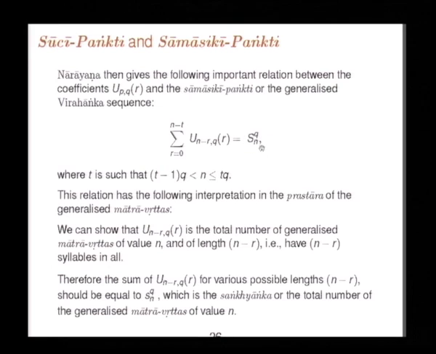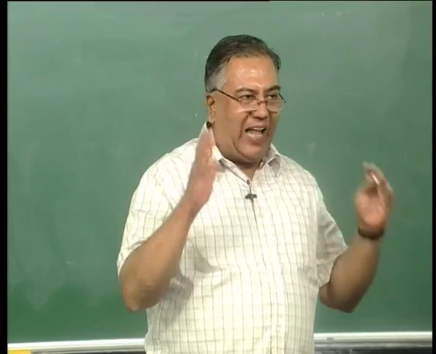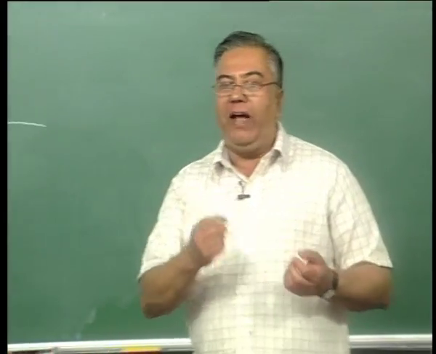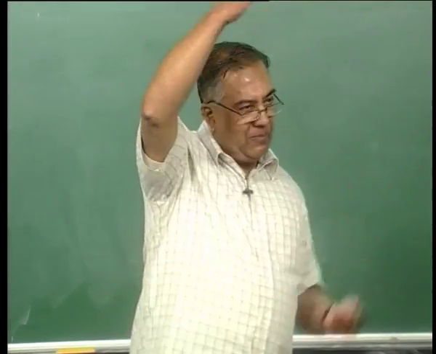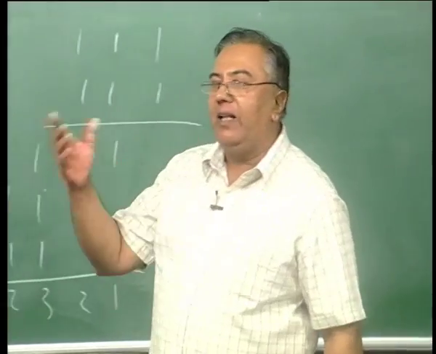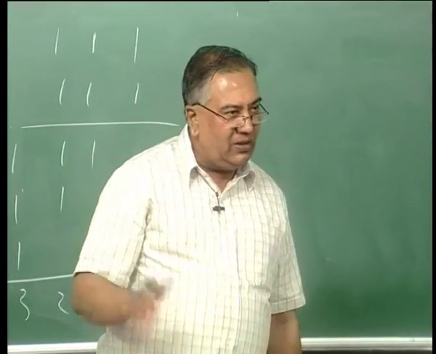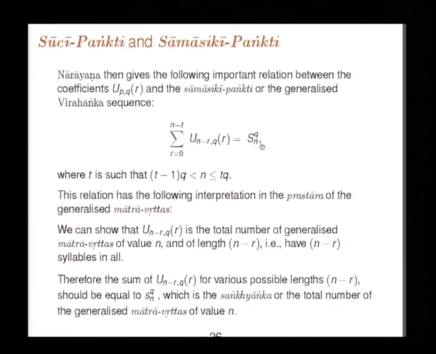S_n(q), as we saw, is the Sankhya, that is the number of rows in the Prastara of Matra Vrittas which are of value n, where the syllabic elements that you can choose have values from 1 to q, or in ordinary language it is the number of rows when you list all the ordered partitions of number n in terms of 1 to q, where repetitions are also allowed. So that is your S_n of q, the generalized Virahanka sequence or the generalized Fibonacci sequence.